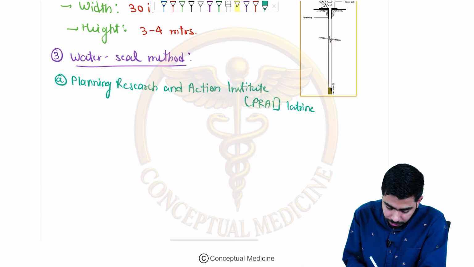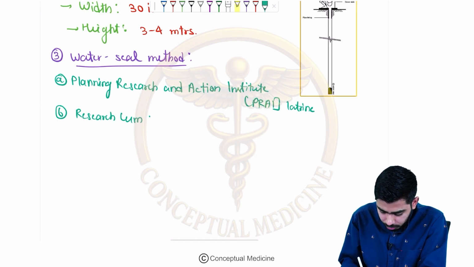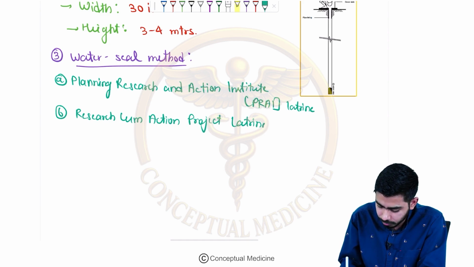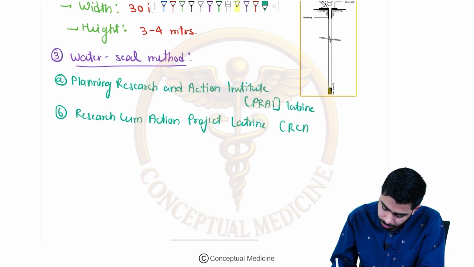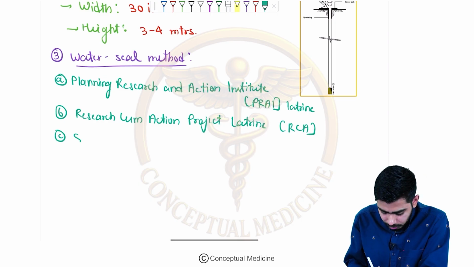The second one is the Research cum Action Project latrine, which is basically the project of RCA. We'll talk about that. And the last one is the Sulabh Shauchalaya.